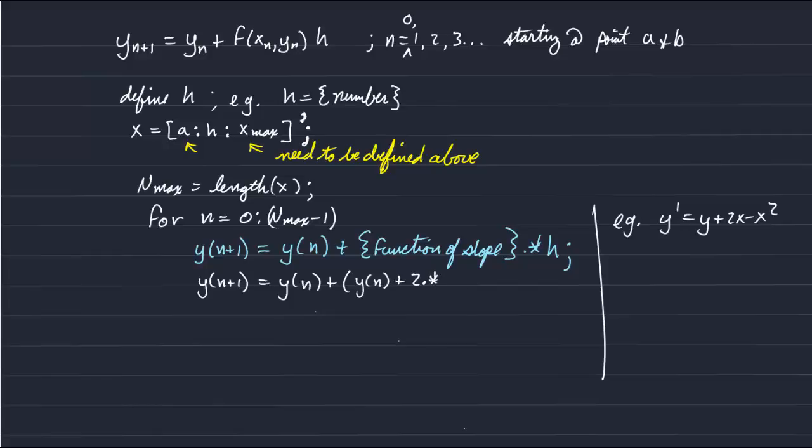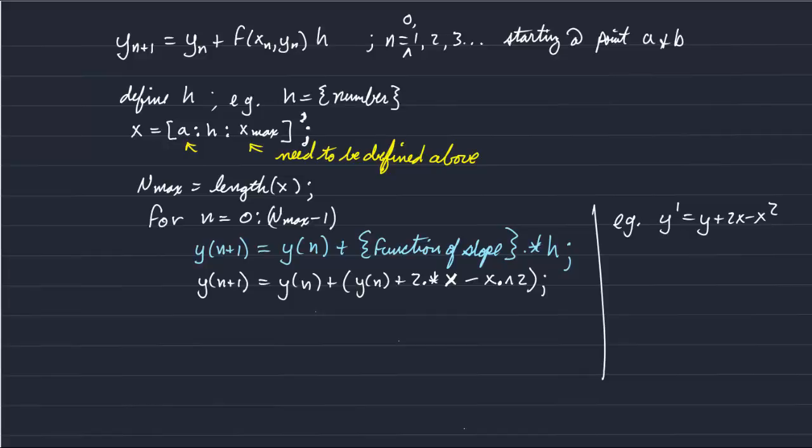You need the dot star to multiply each value in vector x by 2, and then a dot caret to raise each number in x to the second power. So again, this is the slope given by this function.